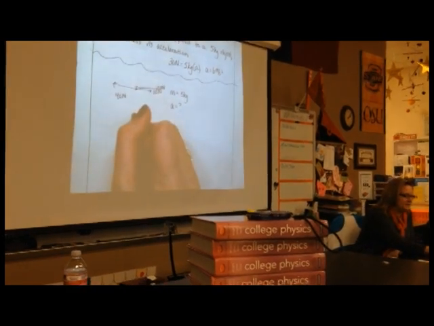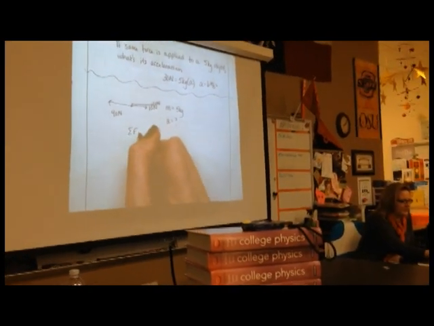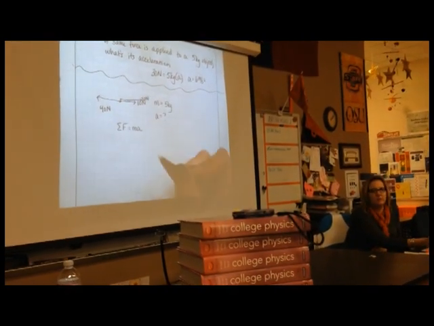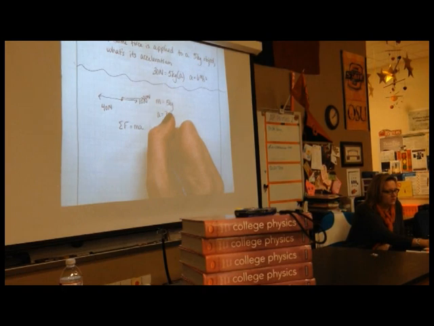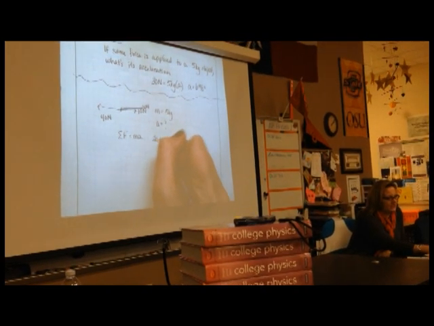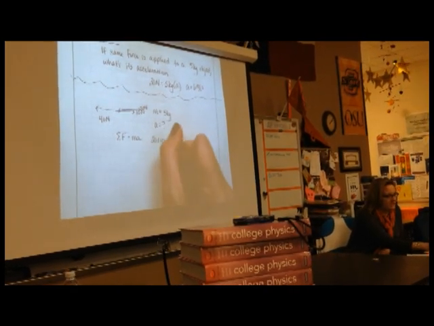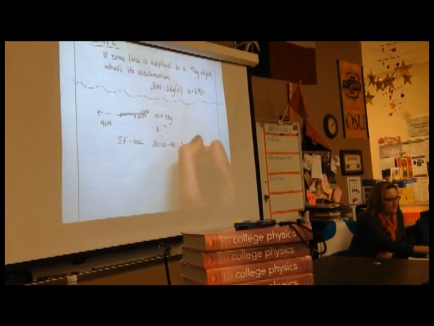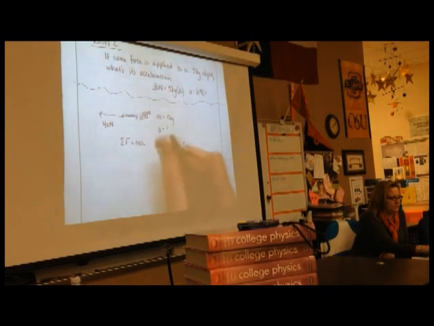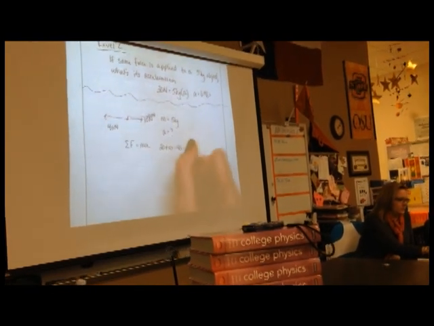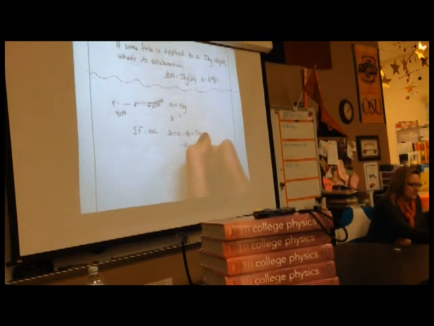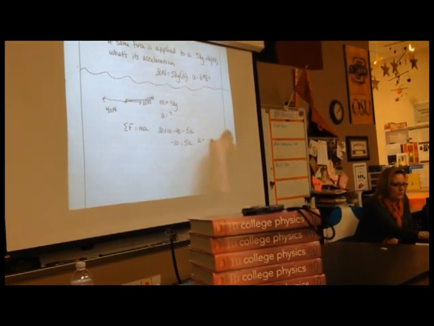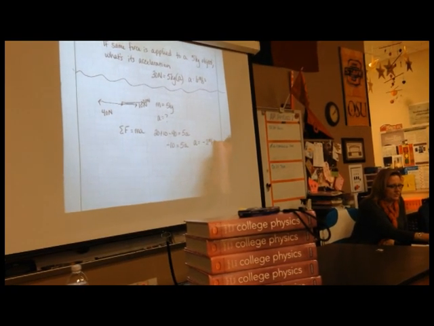In this case, the sum of forces, Newton's second law, is equal to mass times acceleration. This is where we'll make things positive and negative. So we'll say 20 plus 10, because they're both acting to the right, minus 40 is equal to my mass of 5 times acceleration. So 30 minus 40, so we have minus 10. So my acceleration will be minus 2 meters per second squared.